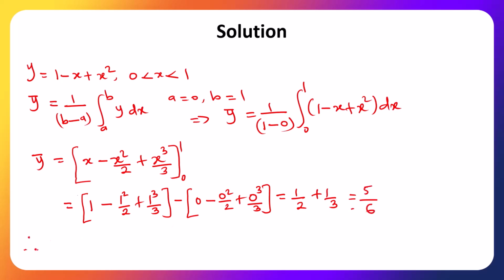So therefore, the average y bar is equal to 5 over 6, which is proved.